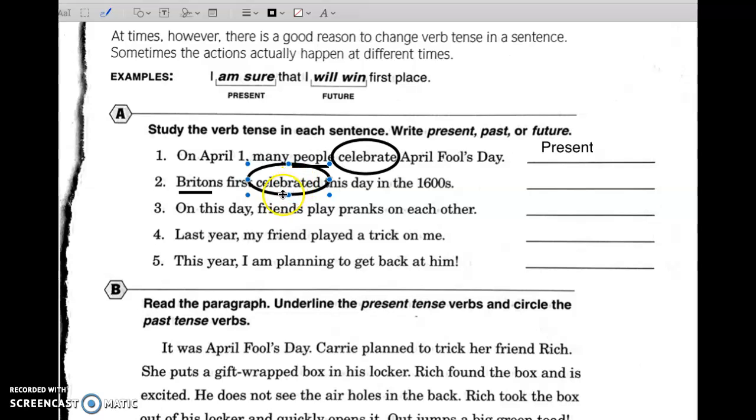And tomorrow, Britons will celebrate. Because it matches up with the second one, that is past tense, so we're going to write past on the line. And that's all you're doing there. You're finding your subject-verb pair and deciding whether it's past, present, or future and writing it on the line.